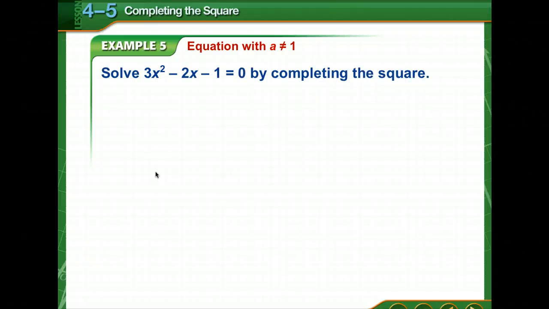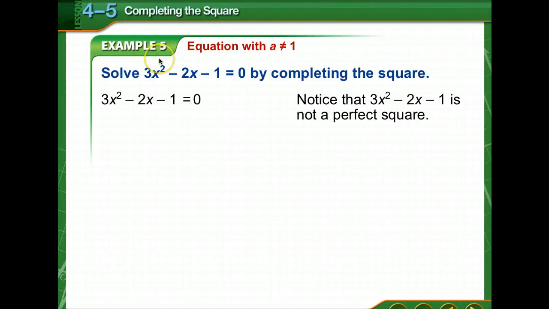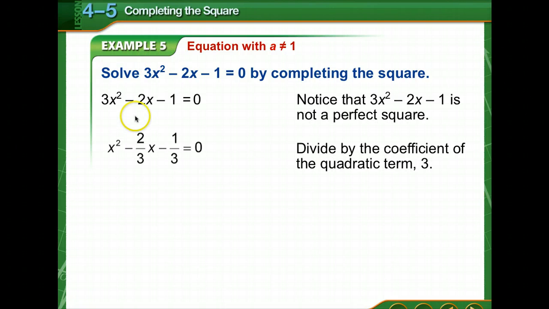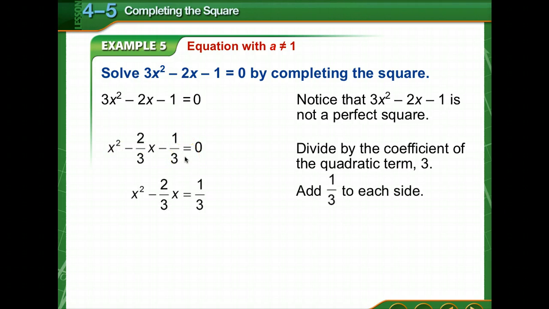Now when the coefficient of the quadratic term is not 1, so notice we have a 3 here, you must divide the equation by that coefficient before completing the square. So this one's not a coefficient of 1, so we have to divide every term by 3. This one's not a perfect square, so we're going to add 1/3 to one side.